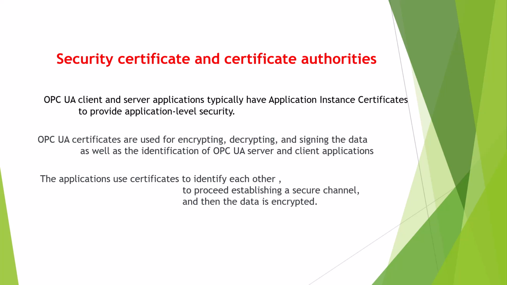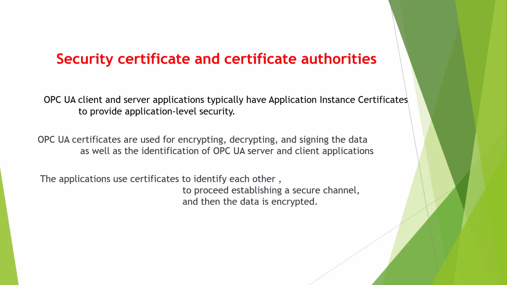OPC UA certificates are used for encrypting, decrypting, or signing the data, as well as identification of the OPC UA server and the client application. OPC UA uses certificates to identify each other and to establish a security channel.